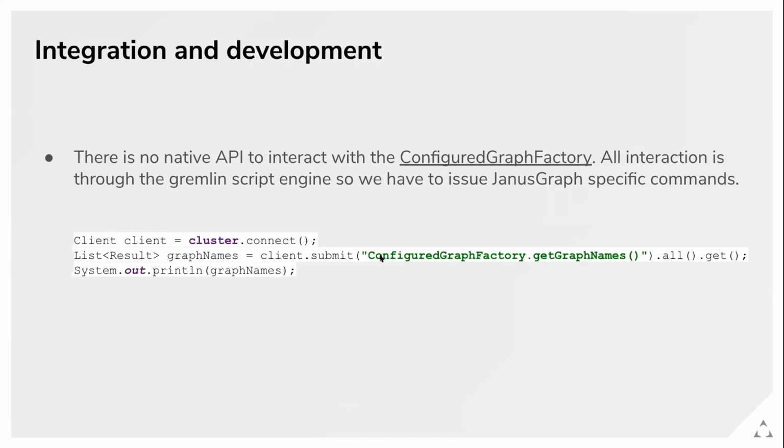So you need to issue commands from the client using the standard submit method to run Gremlin scripts on a remote server cluster. This is an example of listing the graph names, but of course you can use any other script in this string. For example, create a configuration or drop a graph or whatever other API you can call.